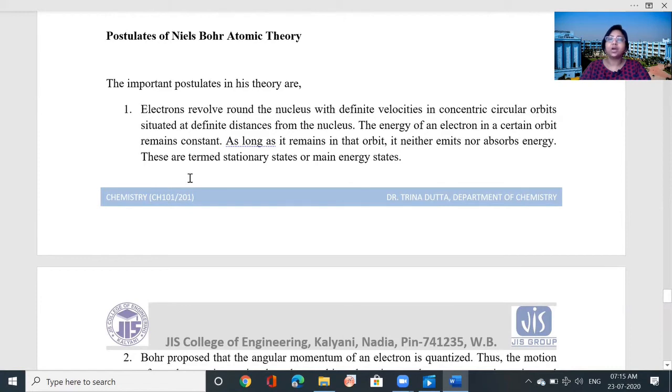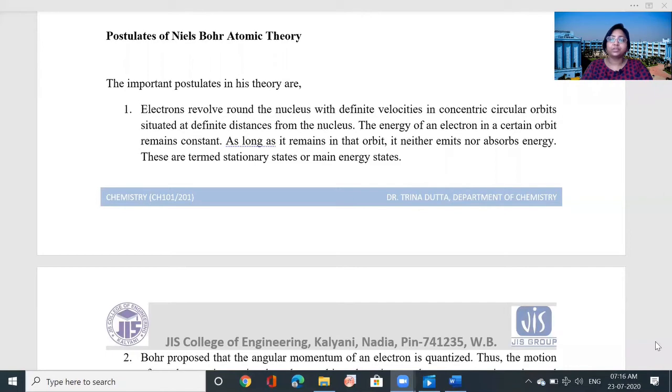The energy of an electron in a certain orbit remains constant. As long as it remains in that orbit, it neither emits nor absorbs energy. These are termed stationary states or main energy states.